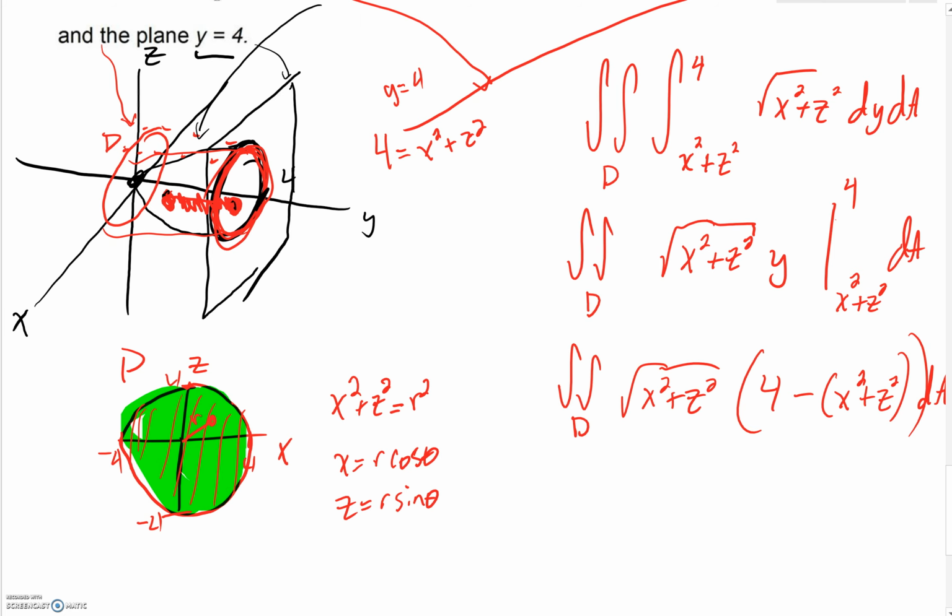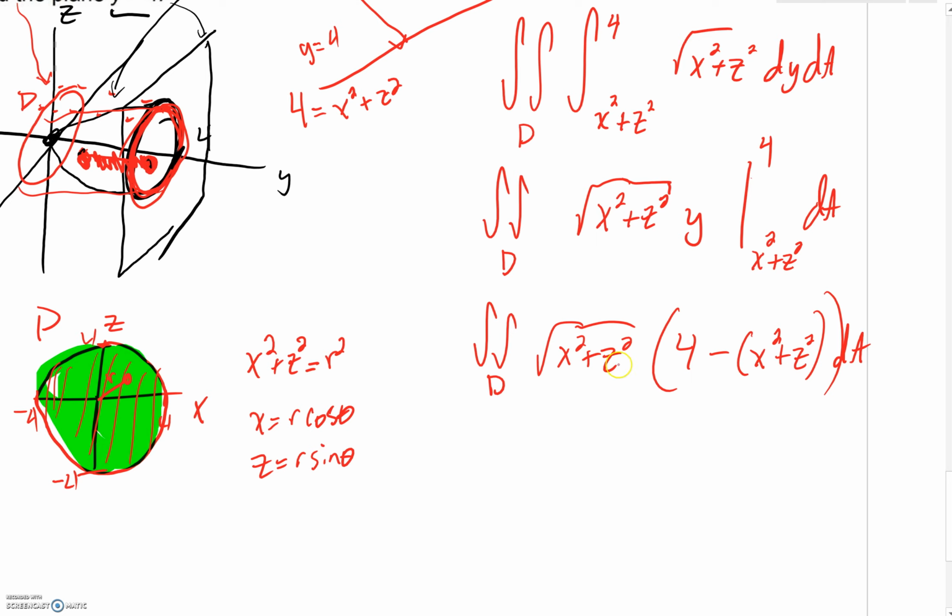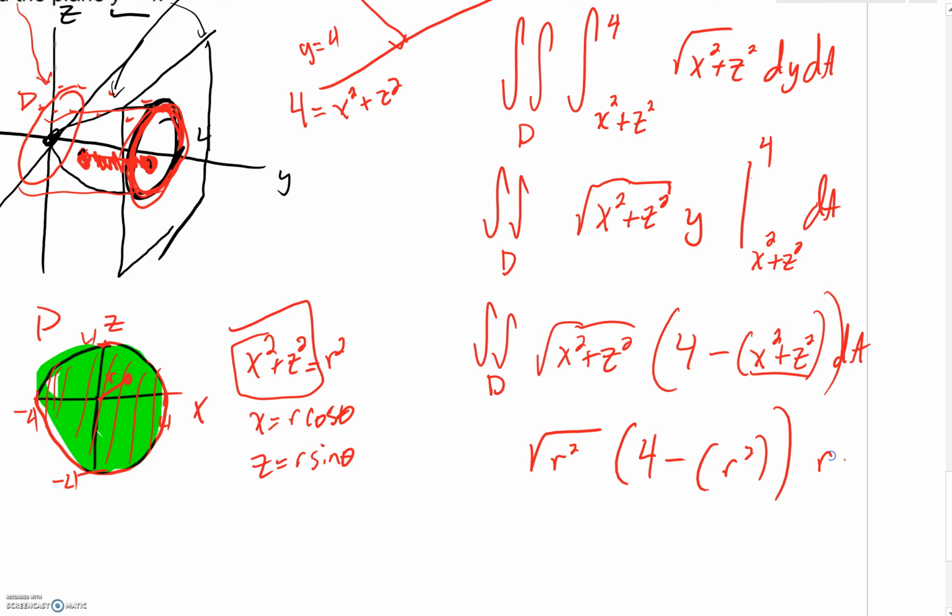So as we begin to look through this, we could immediately see that x squared plus z squared is r squared. So this is the square root of r squared. This would be 4 minus, well, x squared plus z squared is r squared. And dA, well, we could have an r dr d theta.